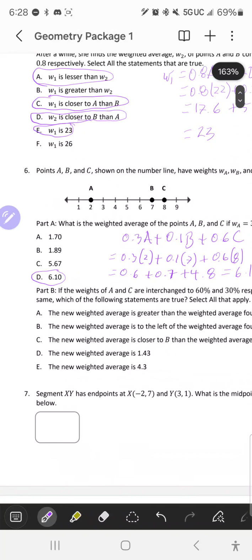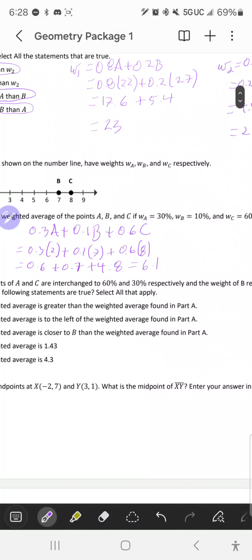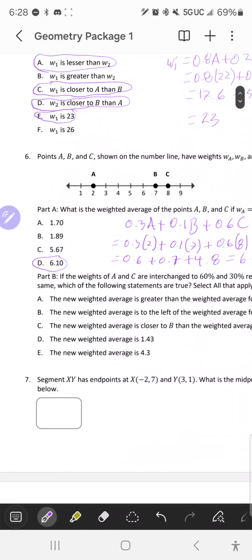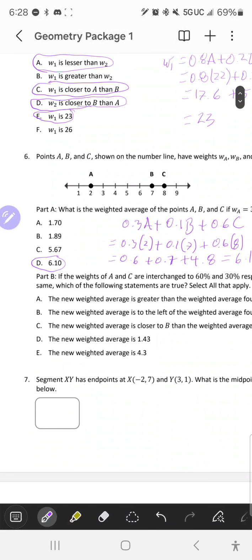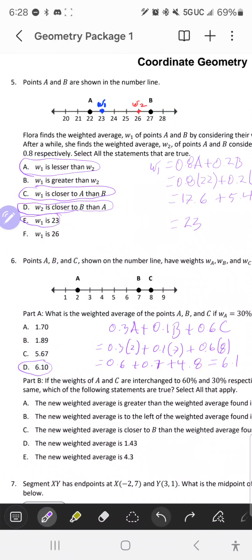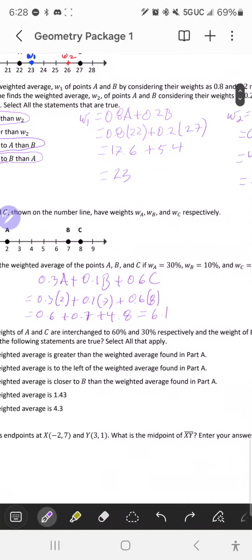Now, if the weights of A and C are interchanged to 60 and 30 respectively, and the weight of B remains the same, which of the following statements are true? And we need to select all that apply. This is almost the same as the one here, but with other numbers. So what we're going to do is actually calculate the weighted average.